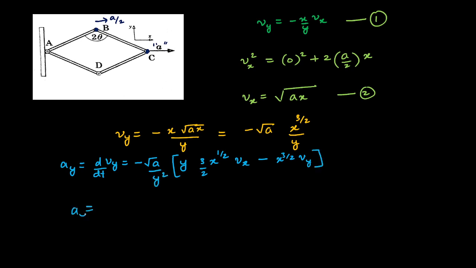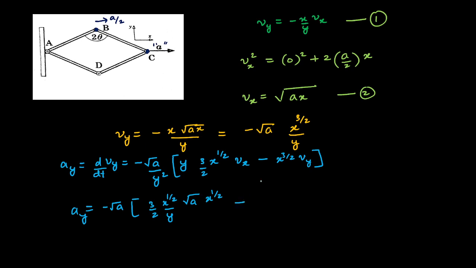So acceleration along the y direction is going to be minus root a, and let me supply this y squared in the denominator inside. It is going to be 3 by 2 x power 1 by 2 as it is, one of the y getting cancelled out. Vx value, we have Vx value as root of a times x power 1 by 2.